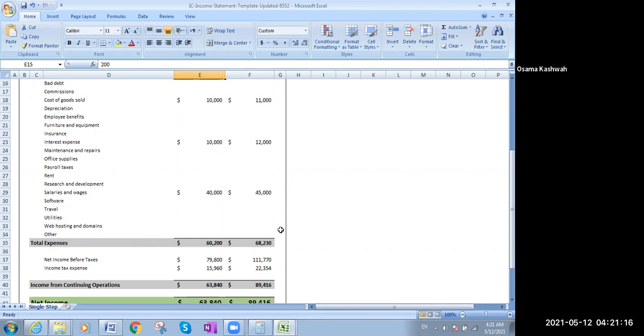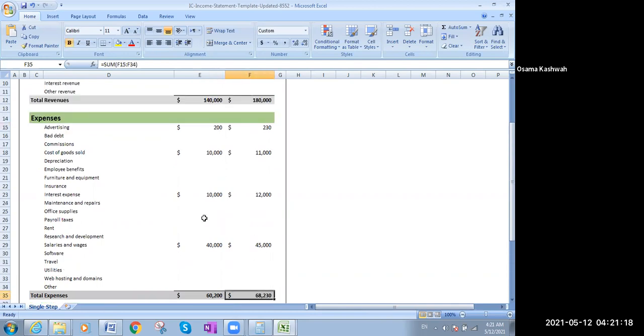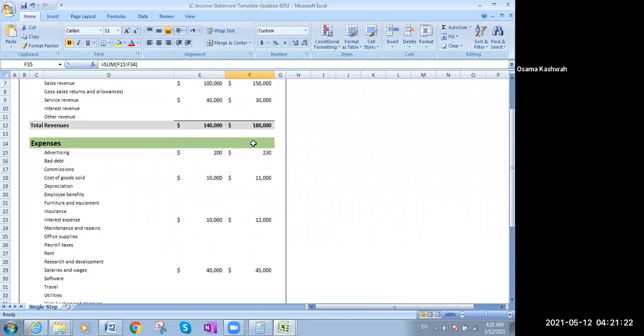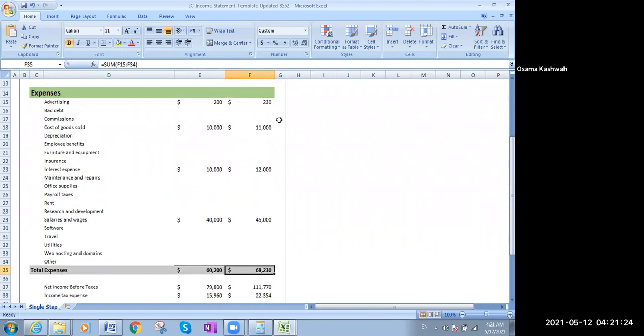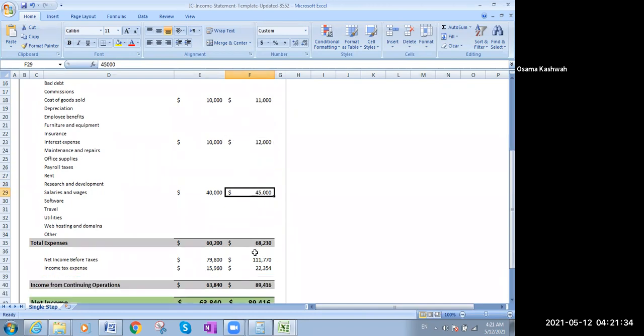Likewise, the same thing here for the second year, which is 2014. 230 plus 100,000 plus 12,000. This is 11,000 plus 12,000 plus 45,000, which will give me 68,230.